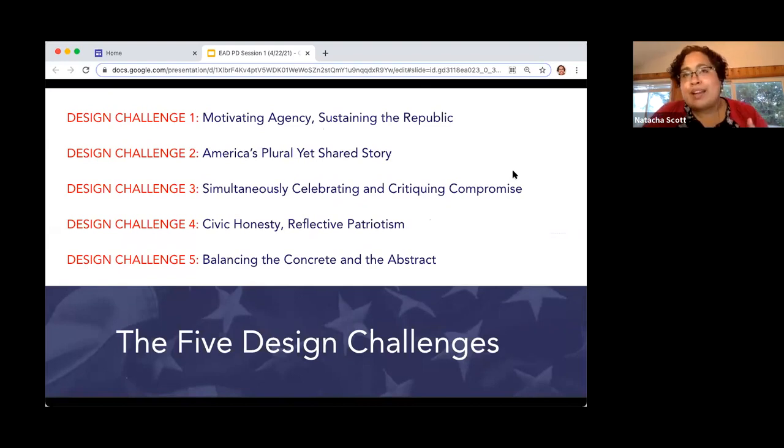Rather than just sidestepping these points in history that are complex and can be tough conversations in the classroom, what the roadmap has done is actually lean into that tension, lean into that complexity within these design challenges. Today we're going to touch upon just design challenges 1 and 2: motivating agency, sustaining the republic, and America's plural yet shared story.